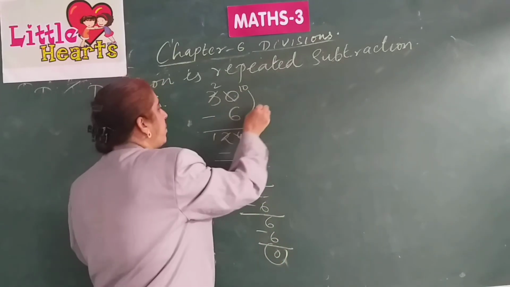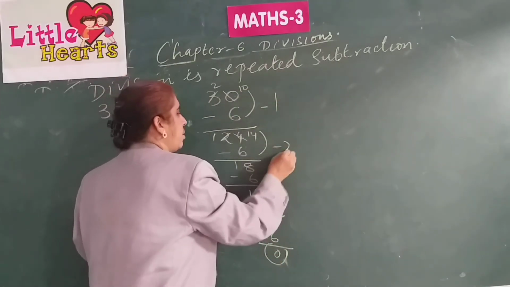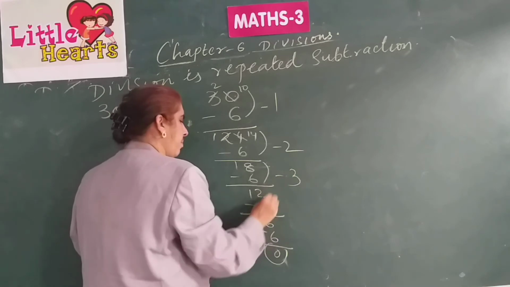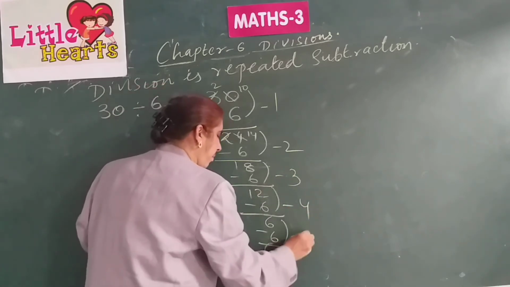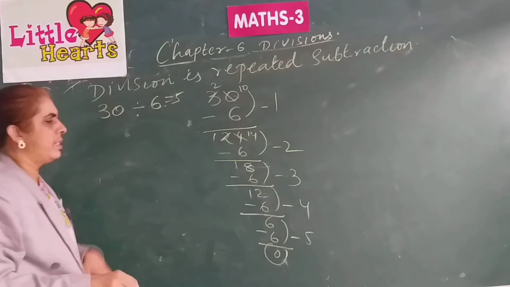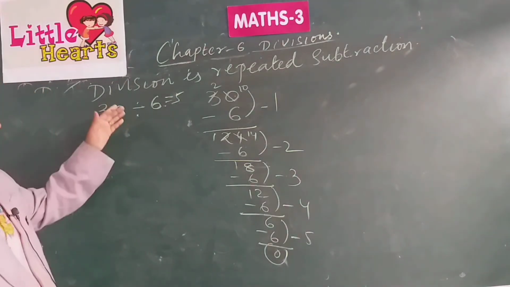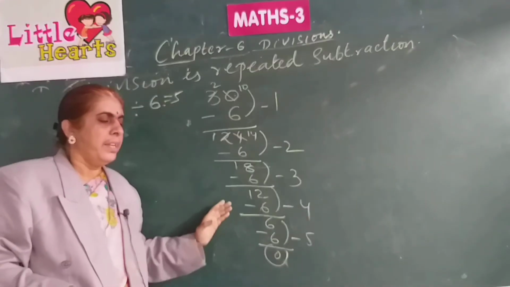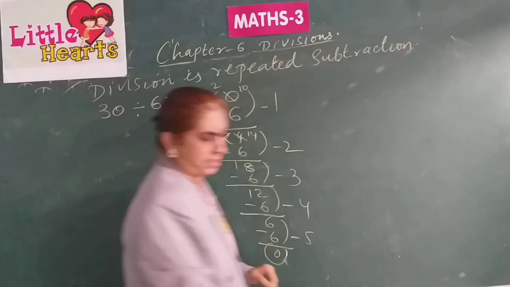How many times have you subtracted 6? 1, 2, 3, 4, 5. So 30 divided by 6 equals 5. In this way, division is carried out by repeated subtraction.